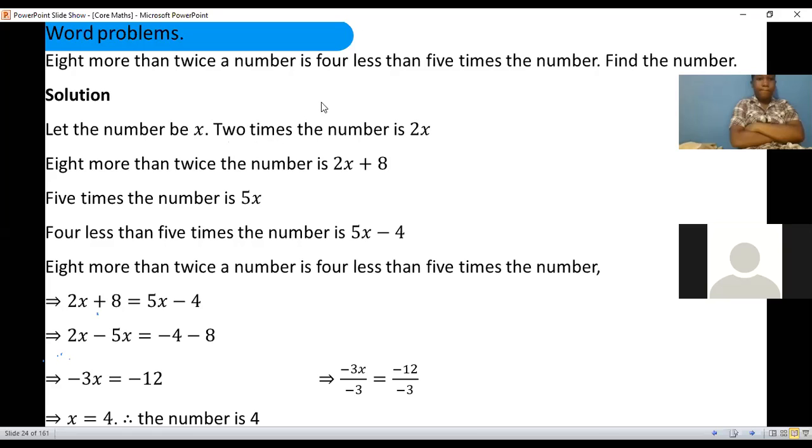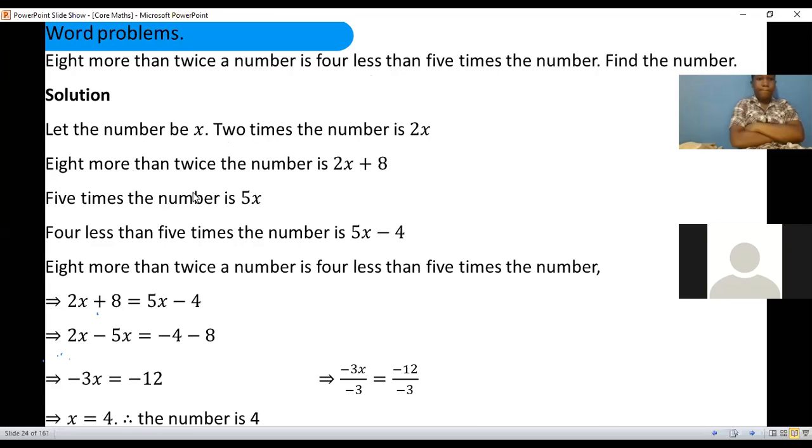Let's continue. Now let's consider 4 less than 5 times the number and form mathematical statements for that one too. 4 less than 5 times the number. So first of all, we have to get 5 times the number because the statement is saying 4 less than 5 times the number.